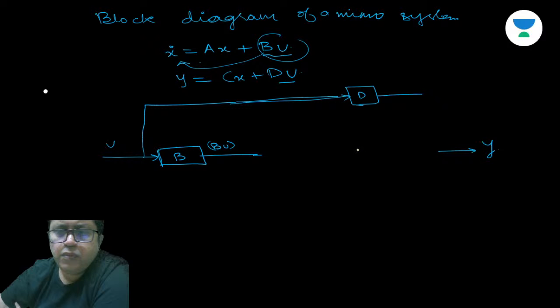Let us say this is x, the internal state x. If I multiply C with x, I will get Cx. If I multiply D with u, I am getting Du.